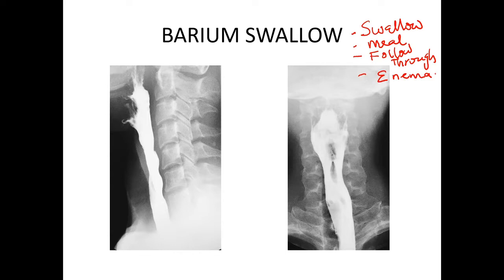These are the various barium studies. Now for barium swallow, the barium contrast is aimed to outline the esophagus, okay? For barium meal is to outline the stomach. Follow through is to outline the small intestine. And of course, for enema is to outline the large intestine.